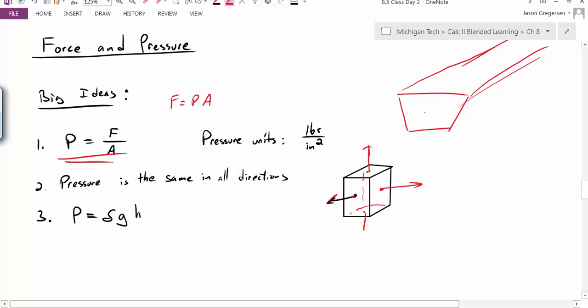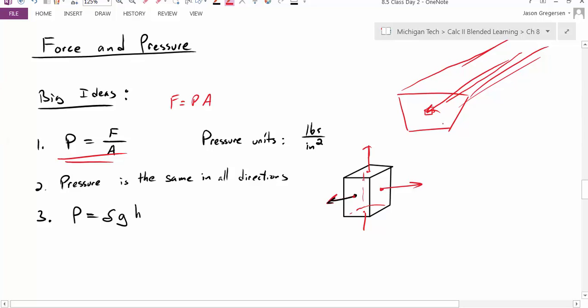But the fact is, there's a certain cube of water right here, right next to the dam, and it's exerting some pressure on the dam, but it's also exerting some pressure on the cube of water behind it. It exerts this force in all directions. So it's not a cumulative effect of all this water pushing on this dam, because that pressure at depth is pushing in all directions, even backwards.